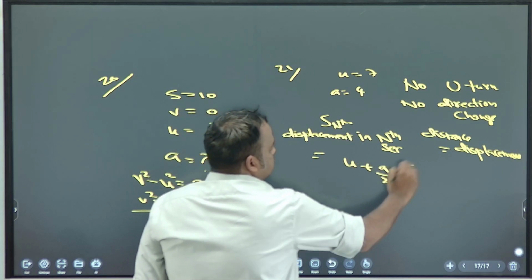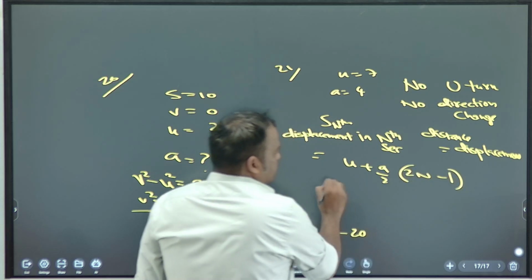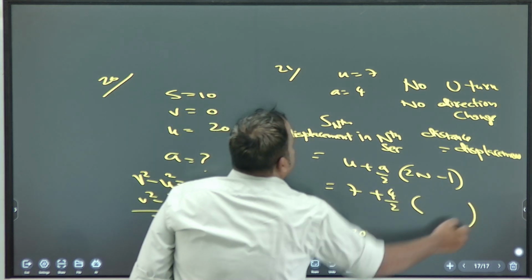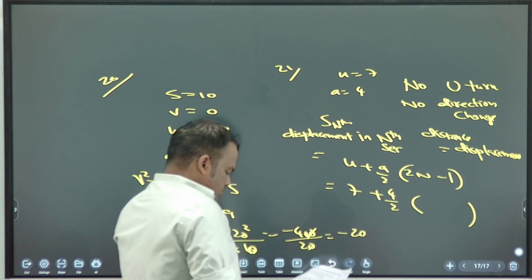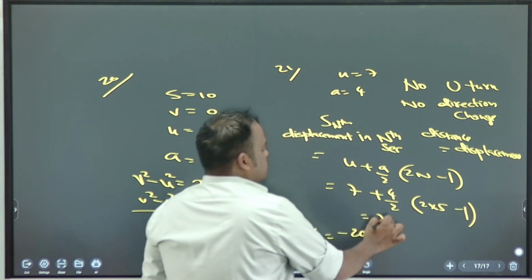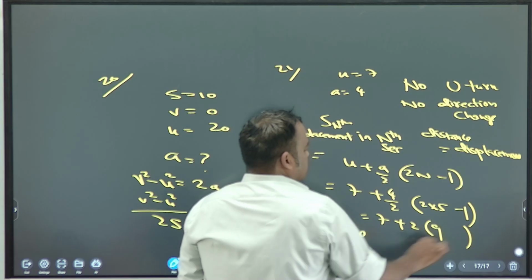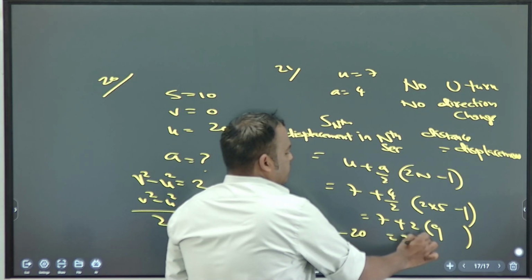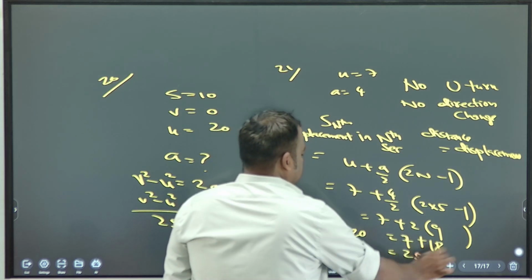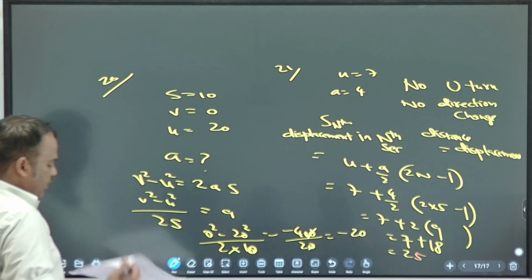U plus A by 2 into 2n minus 1. U is 7, A is 4, N is given, fifth. So 2 into 5 minus 1, so 7 plus 2 into 9. So 7 plus 18, so 25. Okay, total 25.